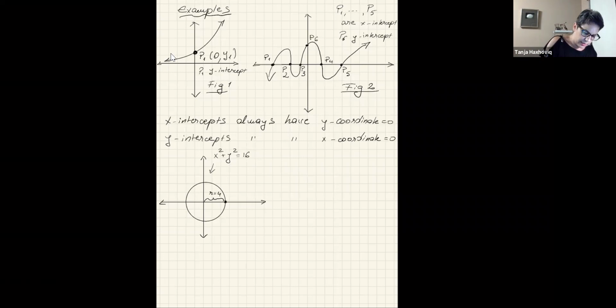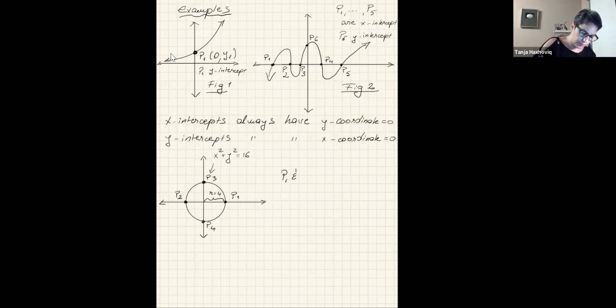I'm telling you that the radius of the circle is 4. So the x-intercepts are points P1 and P2, and the y-intercepts are points P3 and P4. Since you know what the radius of this circle is, you can easily tell what the coordinates of the x and y intercepts are.